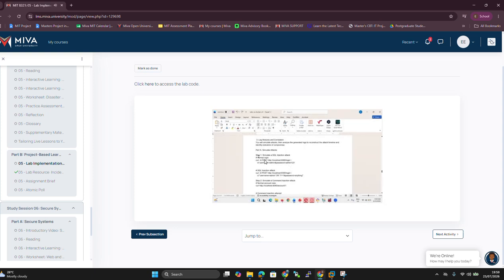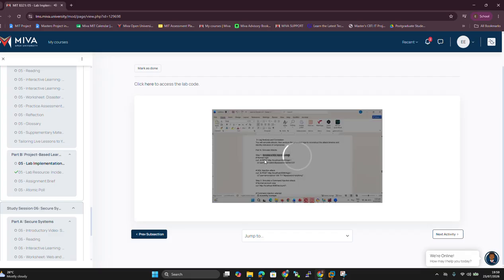So we have the different types of attacks here. For step one of part A, we are simulating SQL injection.